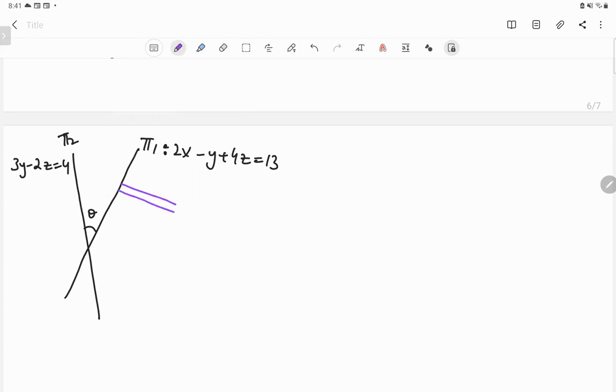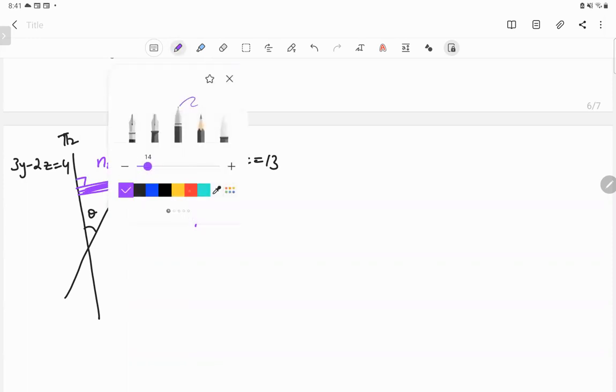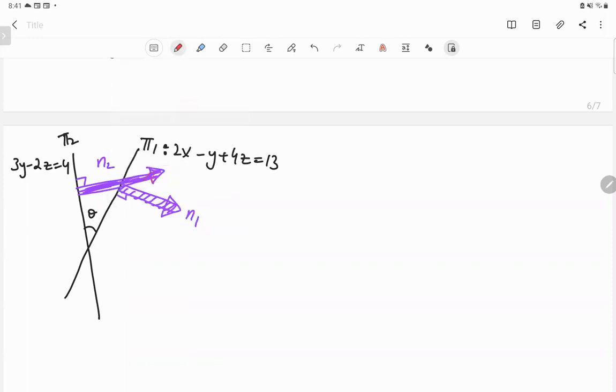For example, the vector normal of phi 1, we can show it like this, n1, and the vector normal of the phi 2, we can show it like this. Okay. Now this is the angle theta.